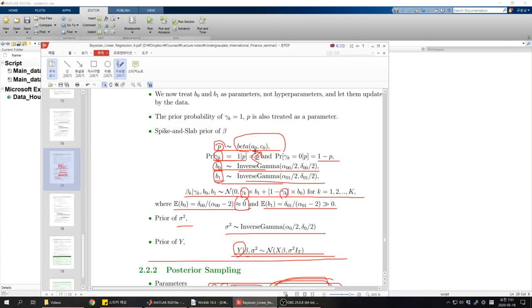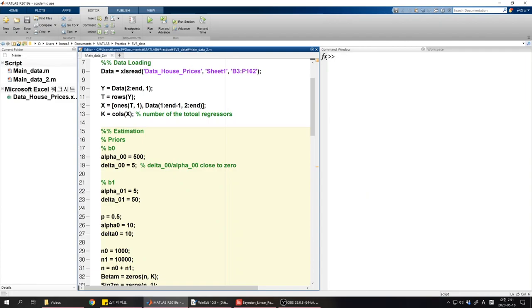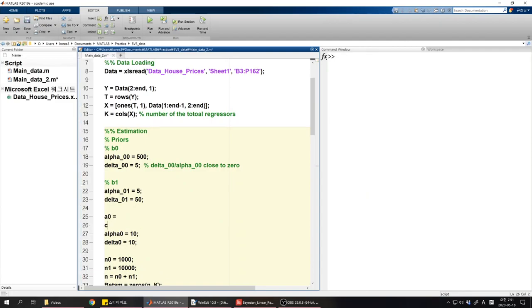What about small p? And p has the hyperparameters A0 and C0. Simply just 5 and 5.